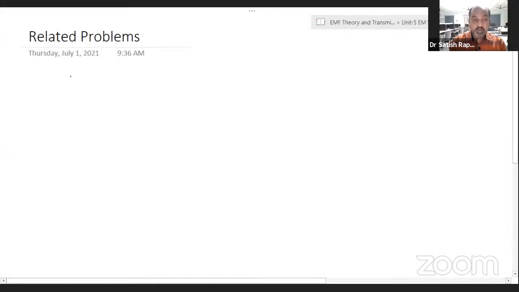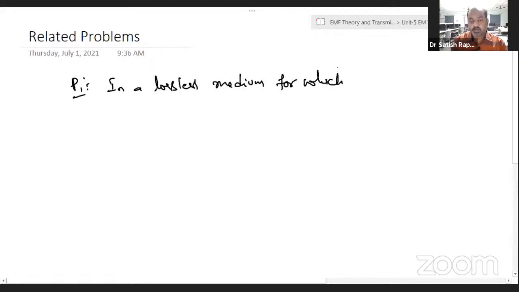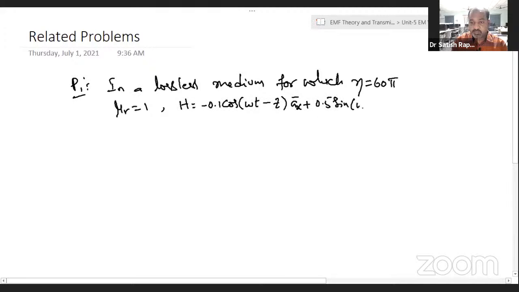Note it down: in a lossless medium, for which eta is equal to 60 pi, mu r is equal to 1, and H is equal to minus 0.1 cos(omega t minus z) a_x plus 0.5 sin(omega t minus z) a_y amperes per meter.